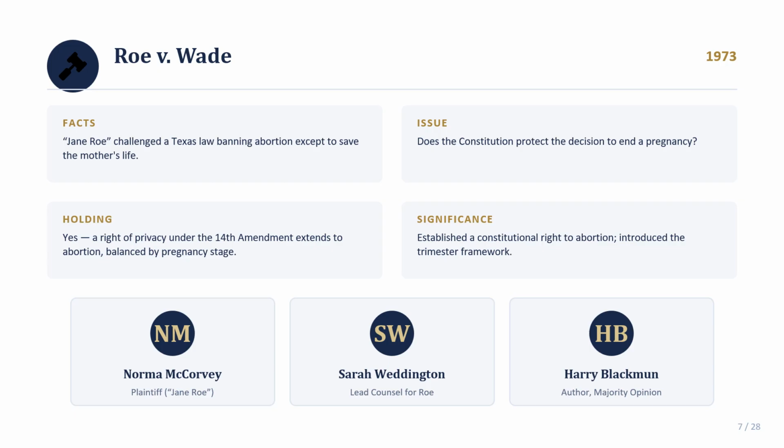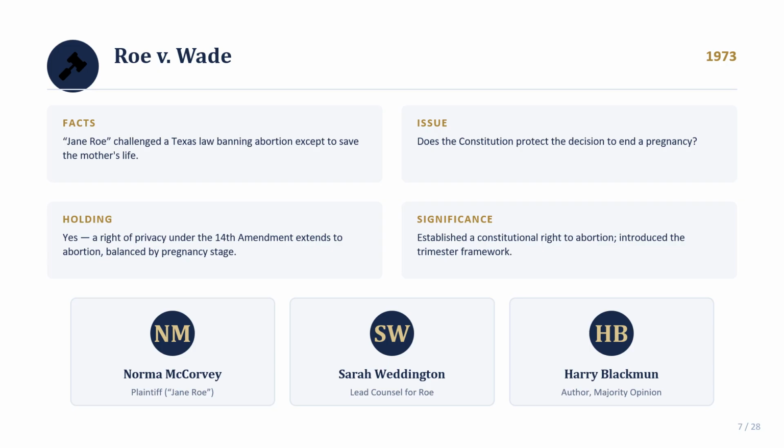It's often flattened in popular discussion into something simpler than what the court actually said. Roe didn't hold that abortion could never be regulated. It held that the decision was constitutionally protected, subject to a specific balancing structure that we're going to talk about on the next slide.